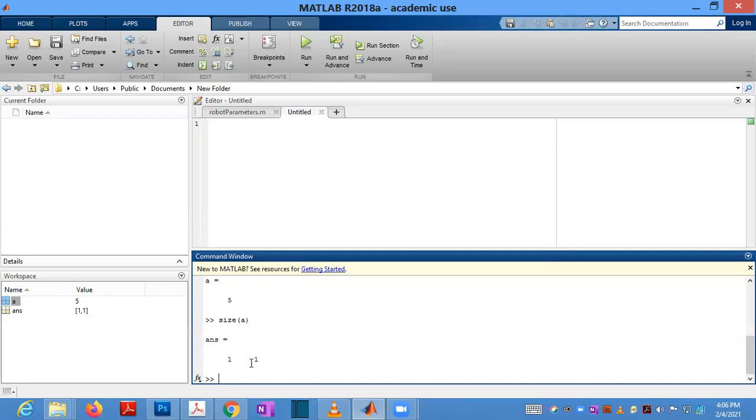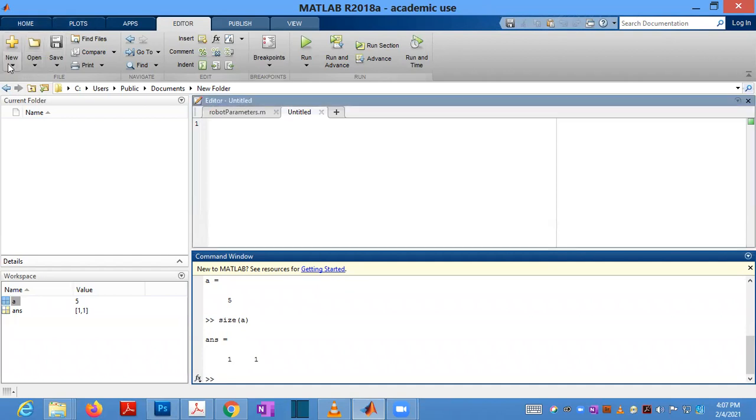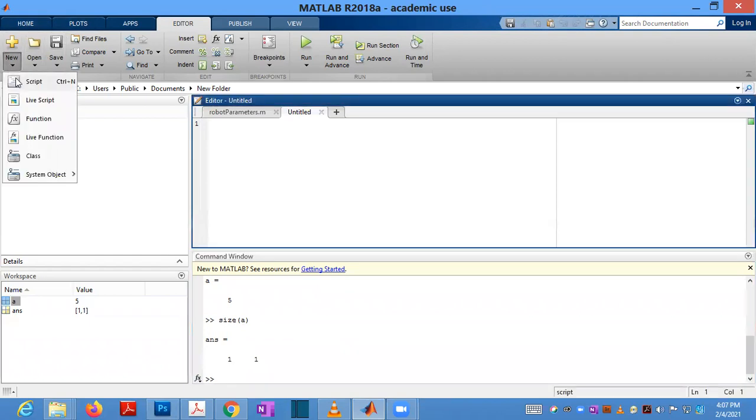For that purpose you have to use .m files. .m files are script files. In the home menu, you can add a new script. It will pop up here as an editor.